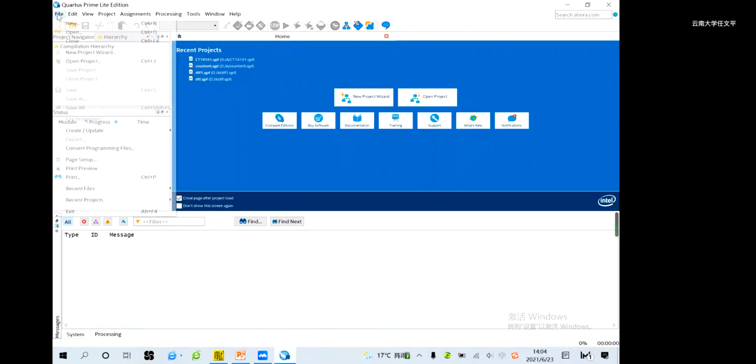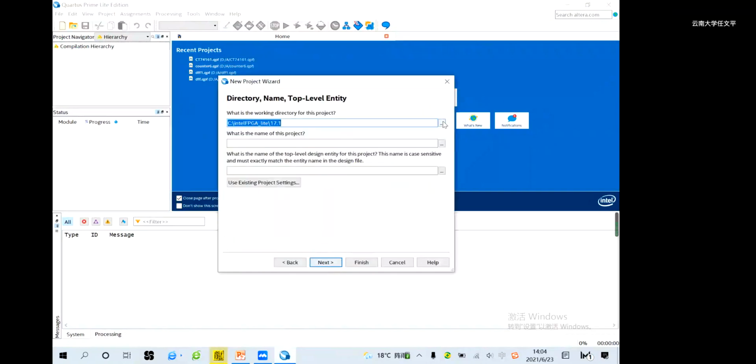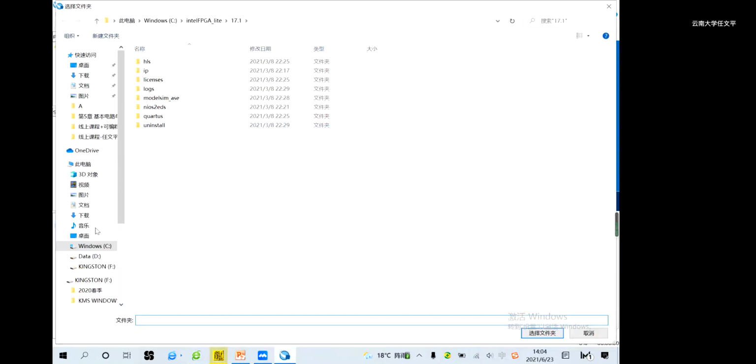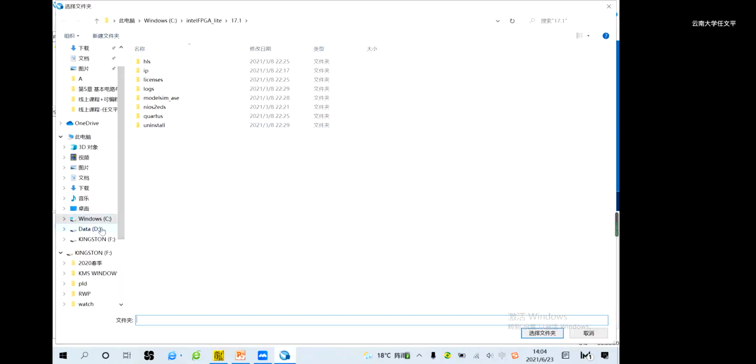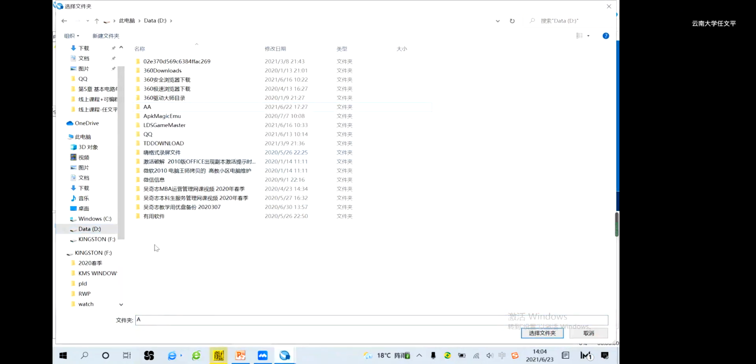The first step is to create a project. The folder name must be English characters.